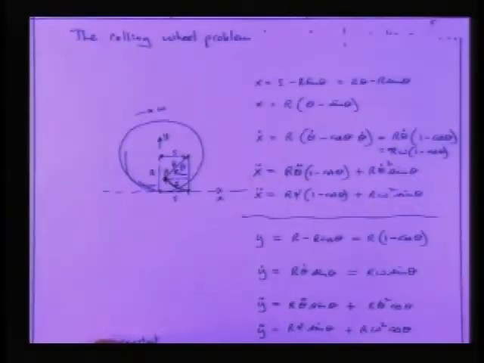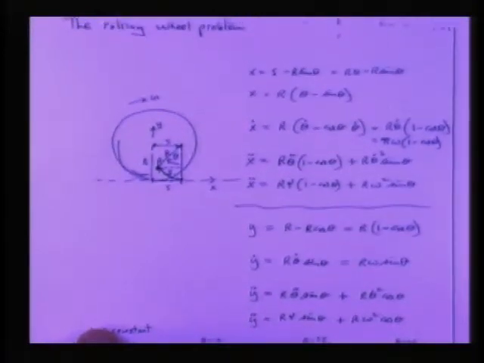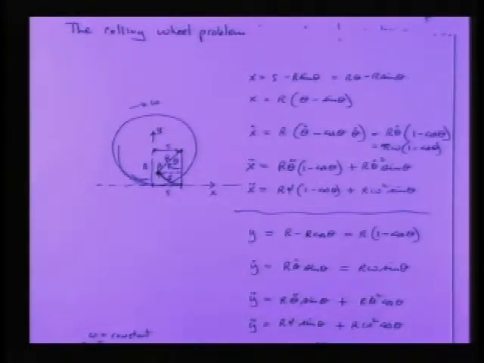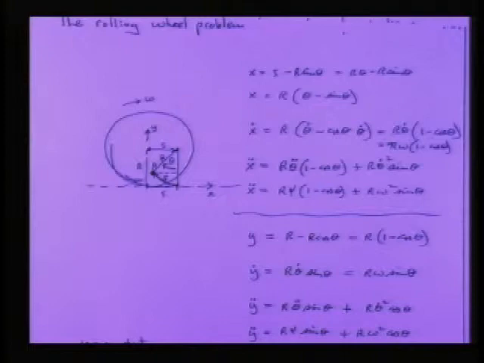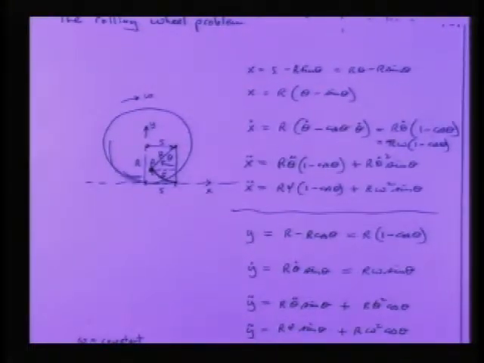Okay, here I want to show you this. Here's what we did last class session. Okay, so here's an image of the rolling wheel, rolling ball, with the associated equations.